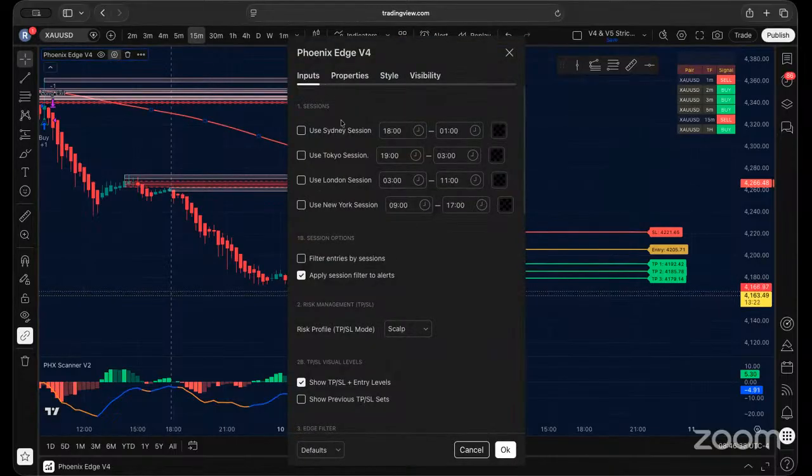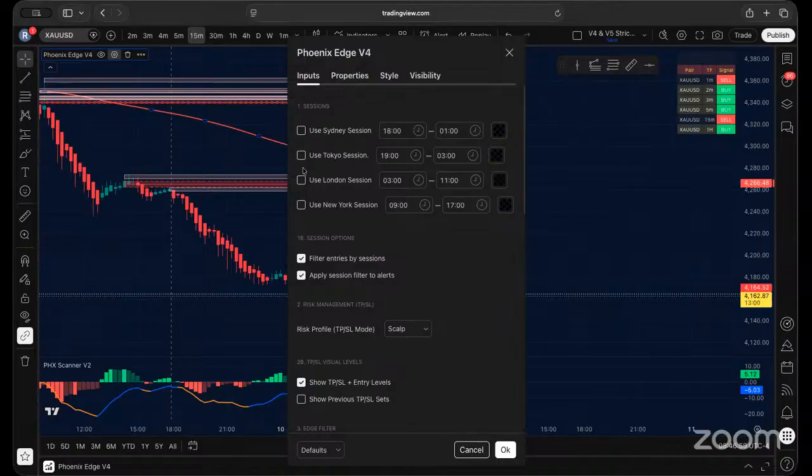So if you only want to trade during different sessions, there's a filter here when you first pull up your settings tab. You can only trade during Tokyo, or if you only want to see signals during London, you want to just make sure filter entries by sessions is checked. And then you're just going to check whatever sessions you want to see signals for.